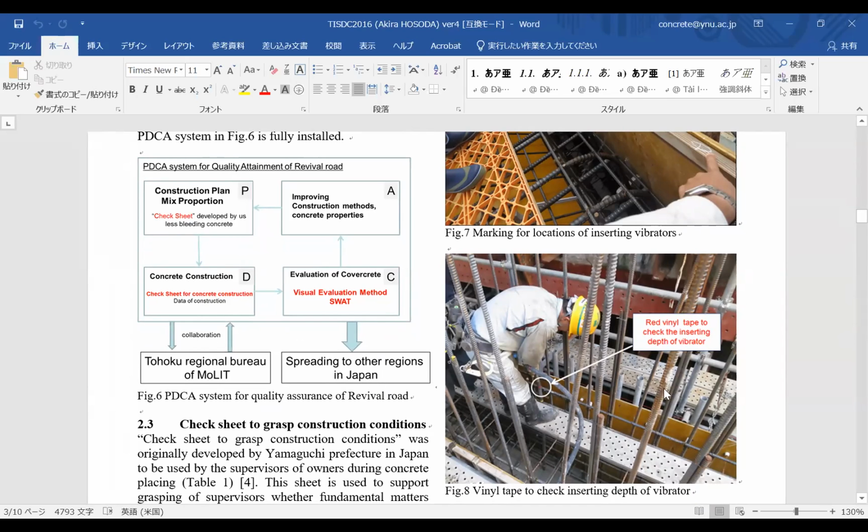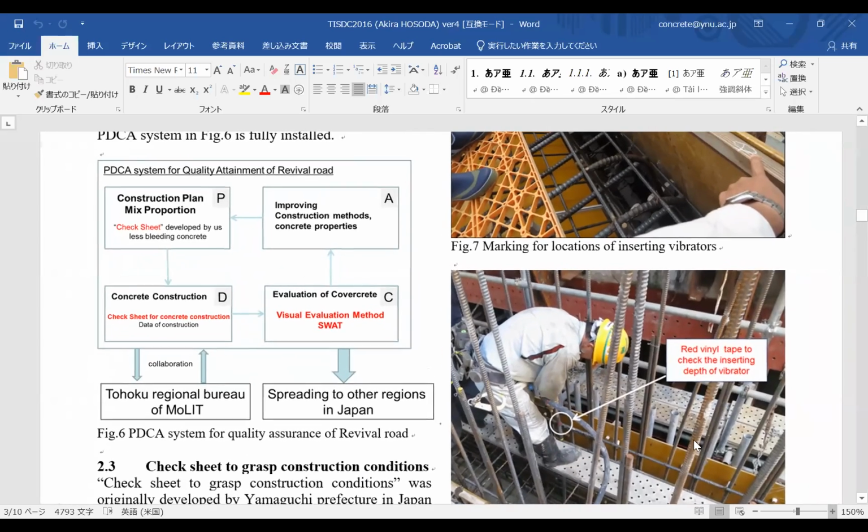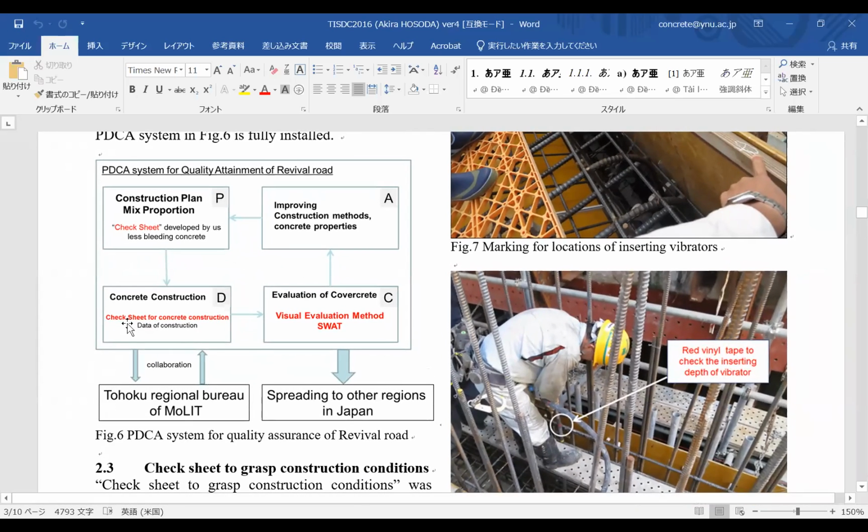So I have briefly explained about the check sheet for concrete construction. But we have one very simple, easy evaluation tool. Okay, I'll explain this one. It's called visual evaluation method. Visual evaluation method by naked eyes.